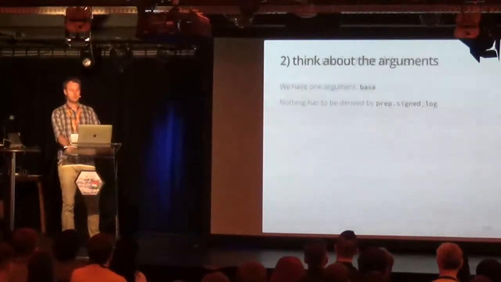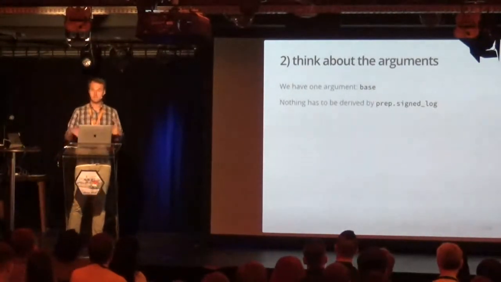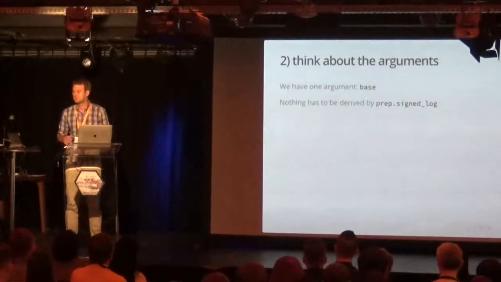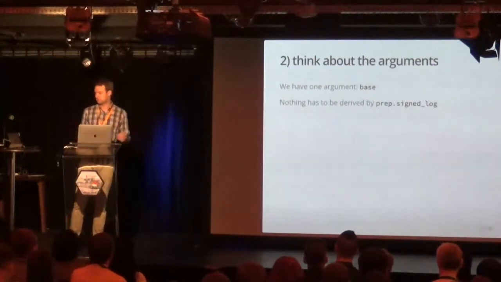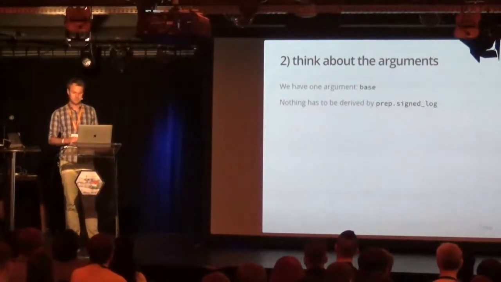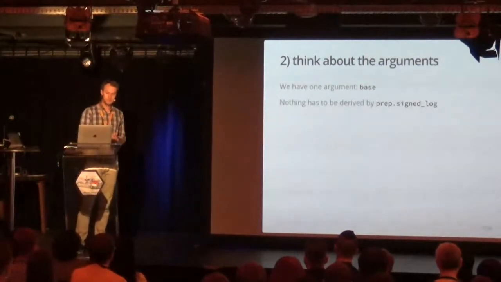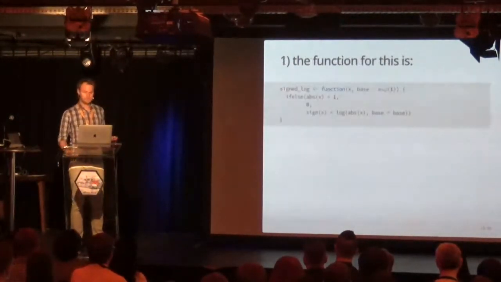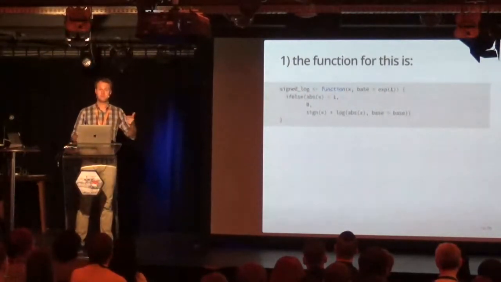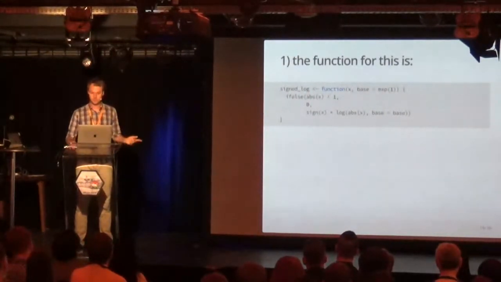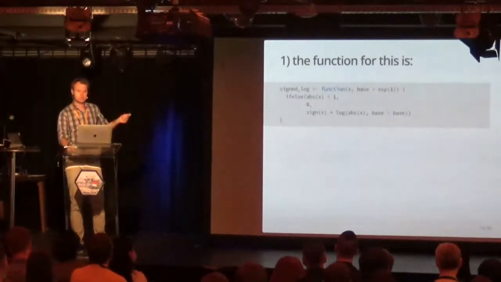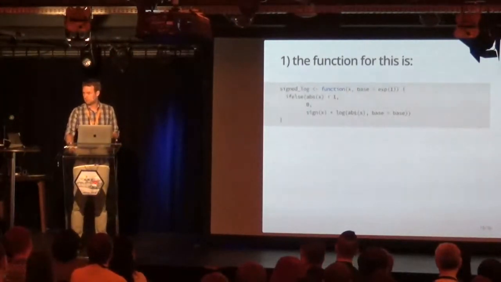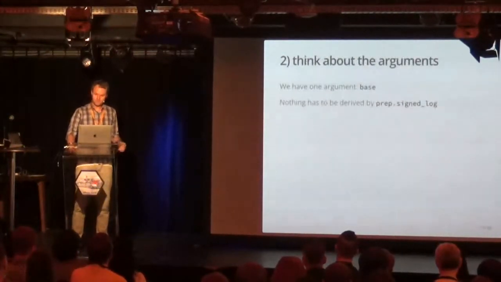And now we're going to think about what do we need to provide. Well, as I mentioned, it's a very simple thing, so it's a bit trivial for recipes, but otherwise I would be here this afternoon still, probably. And so we only have one argument, that's the base, right? So it defaults to the natural logarithm here by providing the exponential of 1. But that's something you could give as an argument to the user.